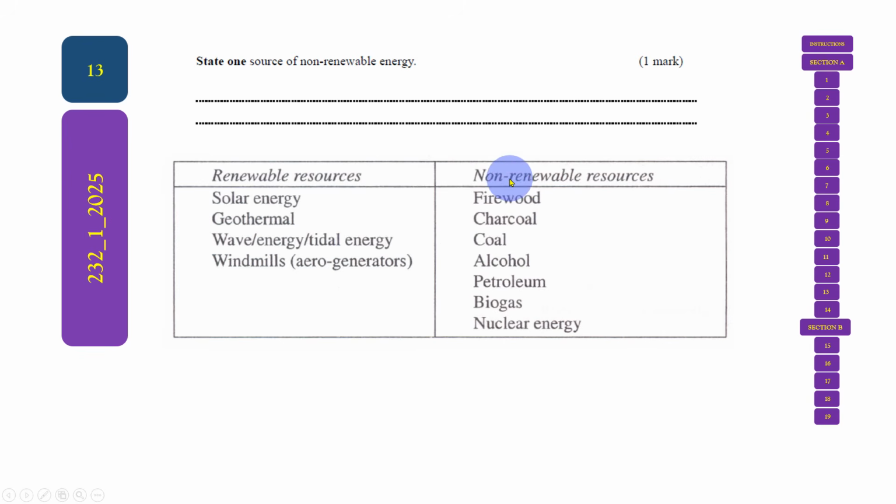These are non-renewable sources, and they just wanted one source, just one, for 1 mark. So it is important to recall examples of non-renewable sources of energy as well as examples of renewable sources of energy. Let's navigate to question 14.